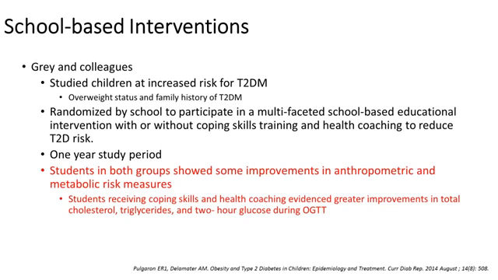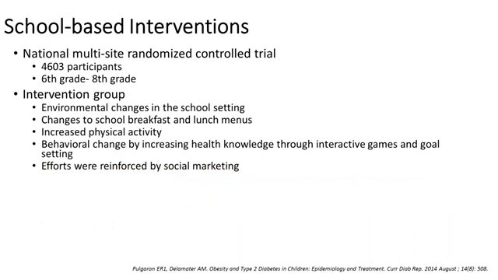It was a 1-year study. Students in both groups showed improvements in their metabolic risk profiles. They received coping skills and health coaching, and there was a reduction in cholesterol, triglycerides, and 2-hour OGTT. BMI, unfortunately, was not improved.